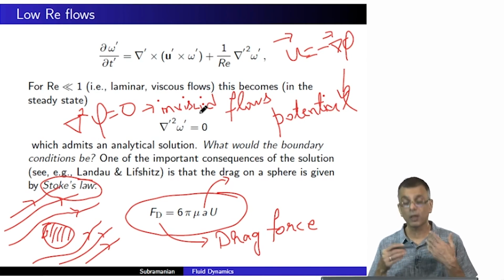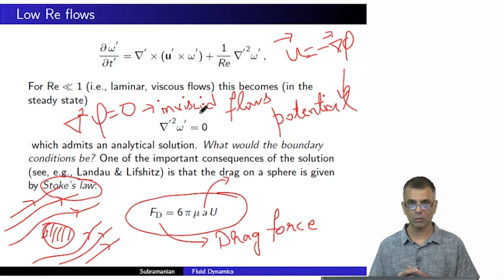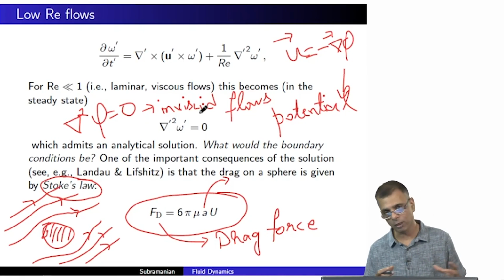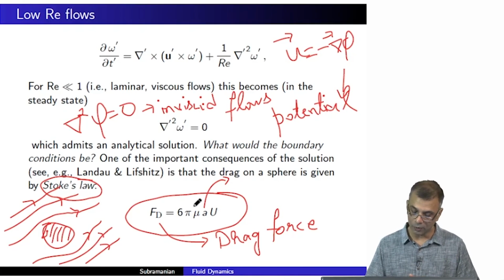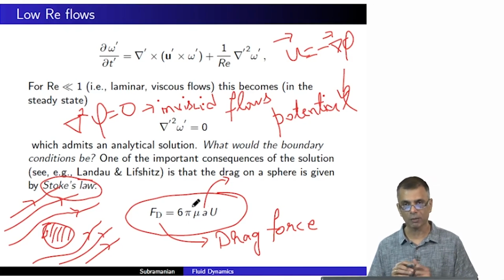And from this, one can show that the drag due to a viscous fluid flowing past a smooth solid sphere is given by this. The main thing to note is that the drag force is linearly proportional to the velocity. Okay, and the viscosity coefficient also finds a place in here.